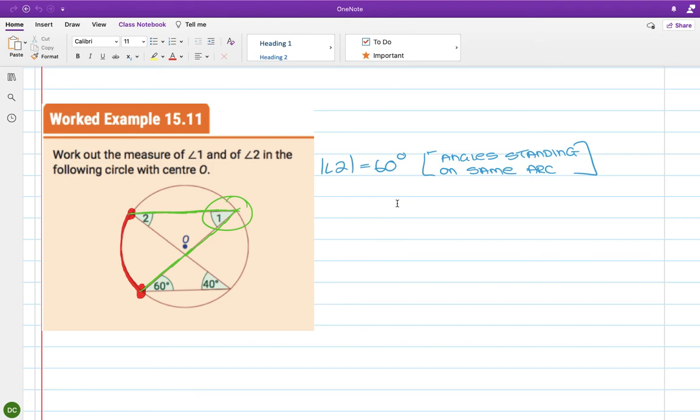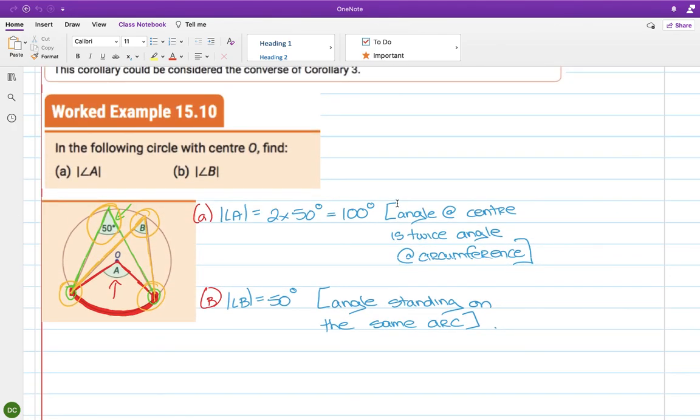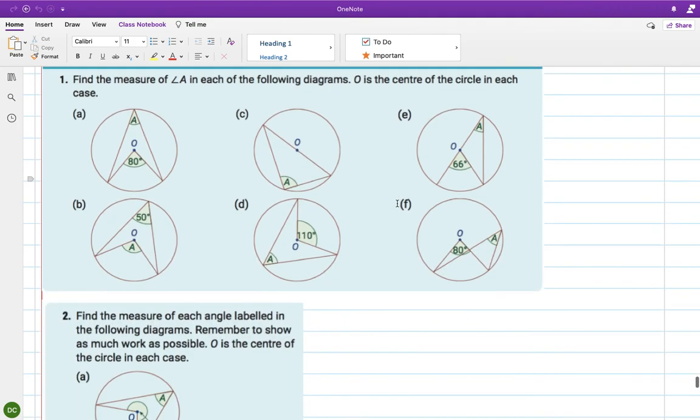And then from the left-hand part of the arc and the right-hand part of the arc, I get 40. So they're the same. Angle 1 equals 40 degrees, and my reason is the same. So that's the idea with the questions. Just more theorems to throw in.